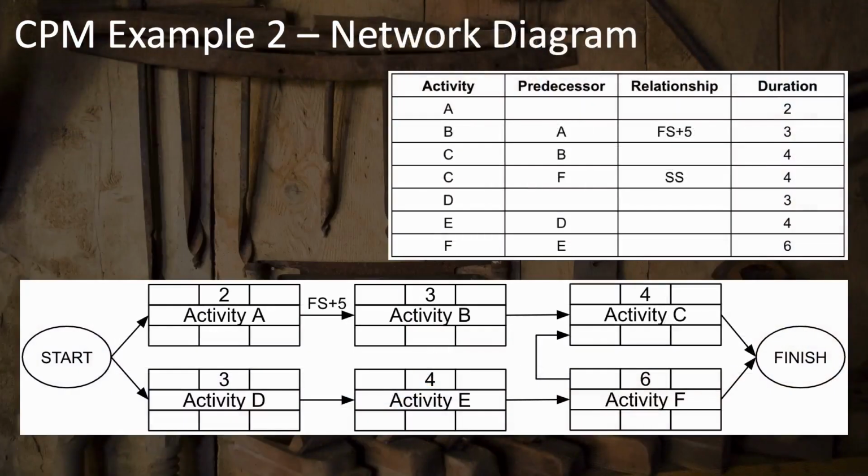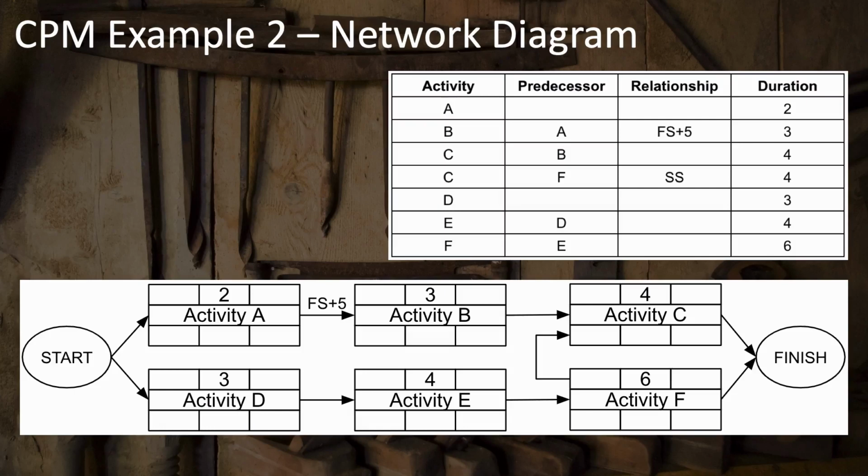The network diagram is similar in this example to what we had in the previous example. We can fill in the activities A, B, C, D, E, and F based on their predecessor relationships. A has to happen before B, and we have the finish to start +5 on the arrow.